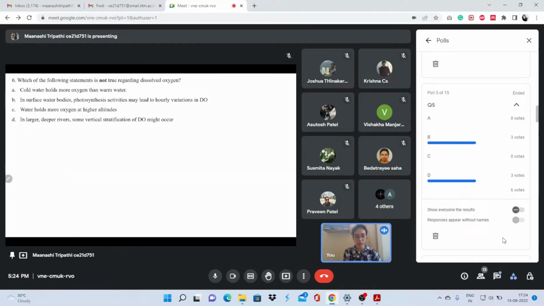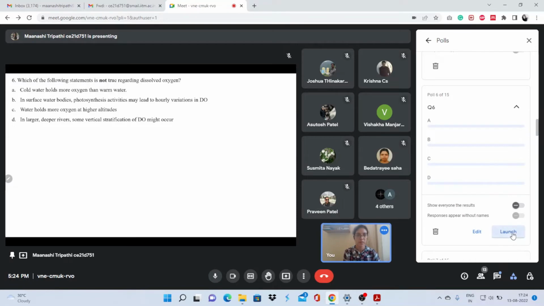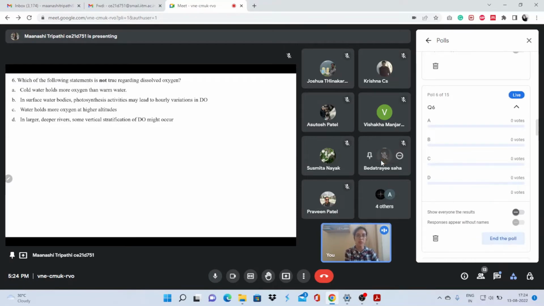Which of the following statements is not true regarding dissolved oxygen? These are the polls for question number 6. This question is related to the previous one. A. Cold water holds more oxygen than warm water. Here we are talking about the solubility of gas in water with respect to temperature.